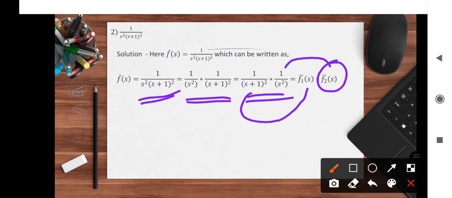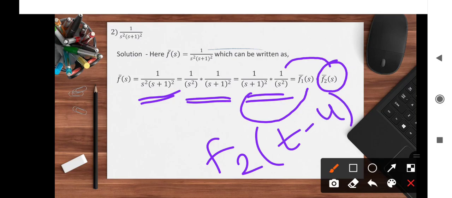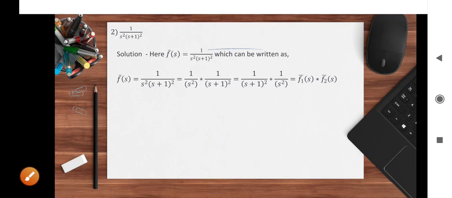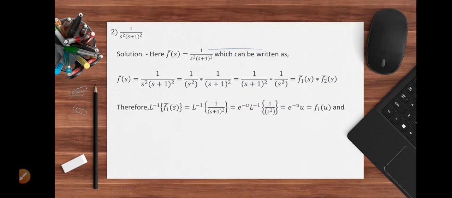As while applying the convolution theorem, you are going to write f2 of t minus u and not f2 of u. Means we are going to write the second function with some complicated variable. So for this reason, we can change the sequence of f1 and f2 so as to get f2 of u more simple. So now the next step, you have to find inverse of f1 bar of s and f2 bar of s.